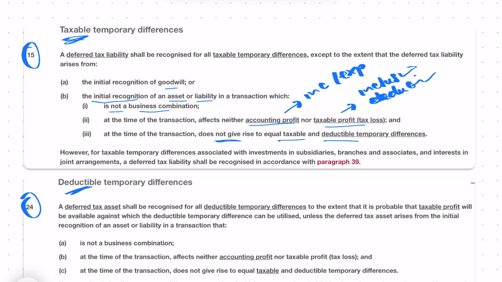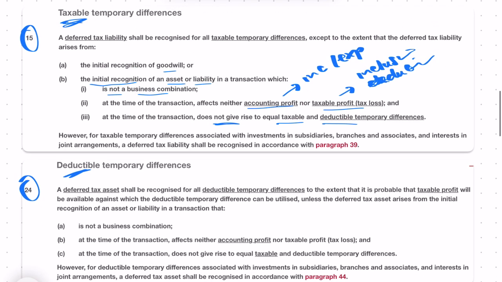Okay, and then as it relates to the deductible temporary differences, which is paragraph 24, you can see here that it's got exactly the same criteria, except it has this additional limitation of there being probable future taxable profits, but that's dealing with other stuff.